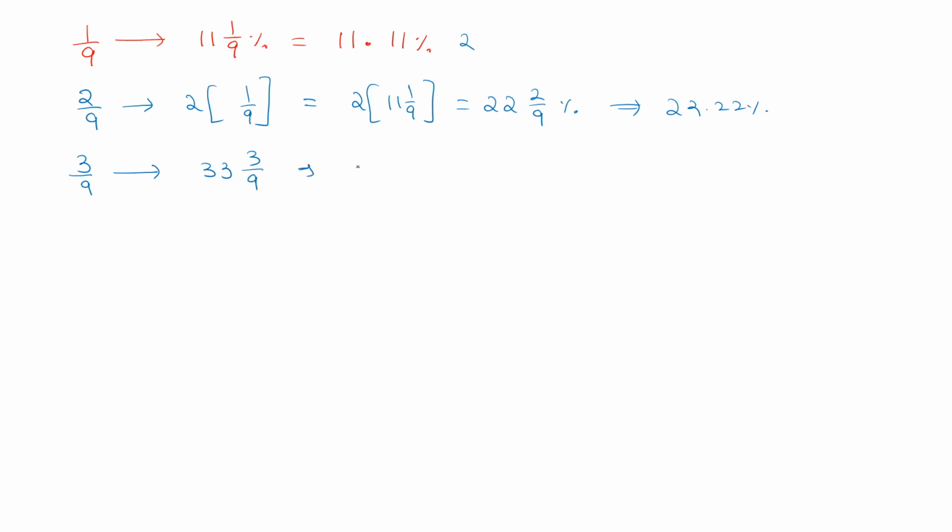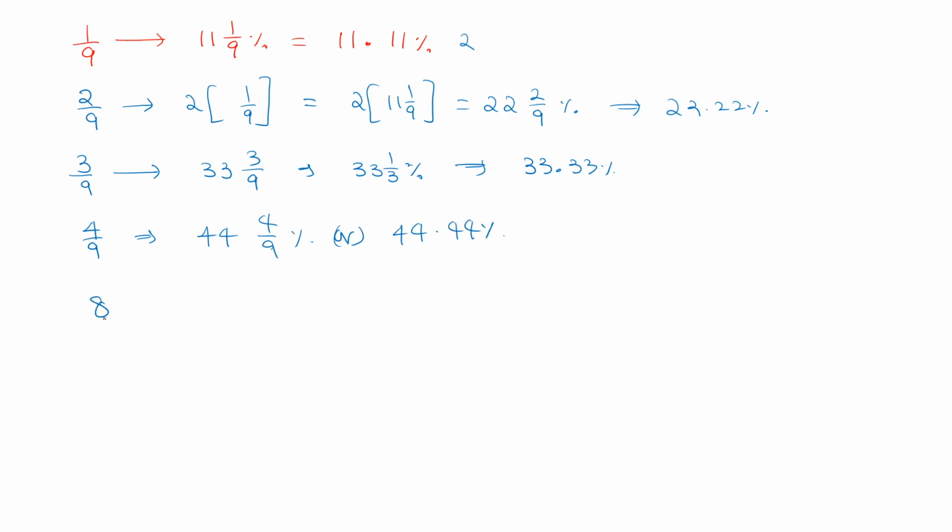If we need to calculate the value of 3 upon 9, it is going to be 33 3 by 9%, or we can take 33 1 by 3%, or the decimal representation 33.33%. If we need the value of 4 upon 9, it is going to be 44 4 by 9%, or 44.44%.